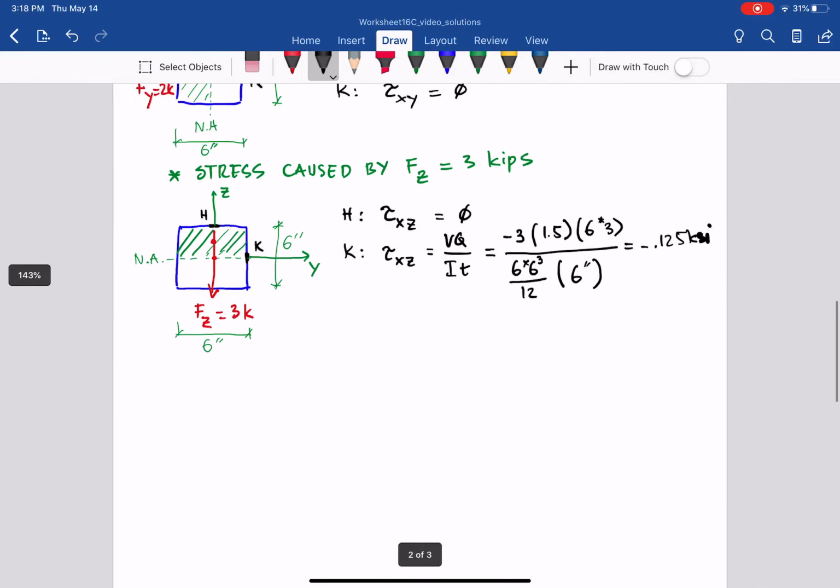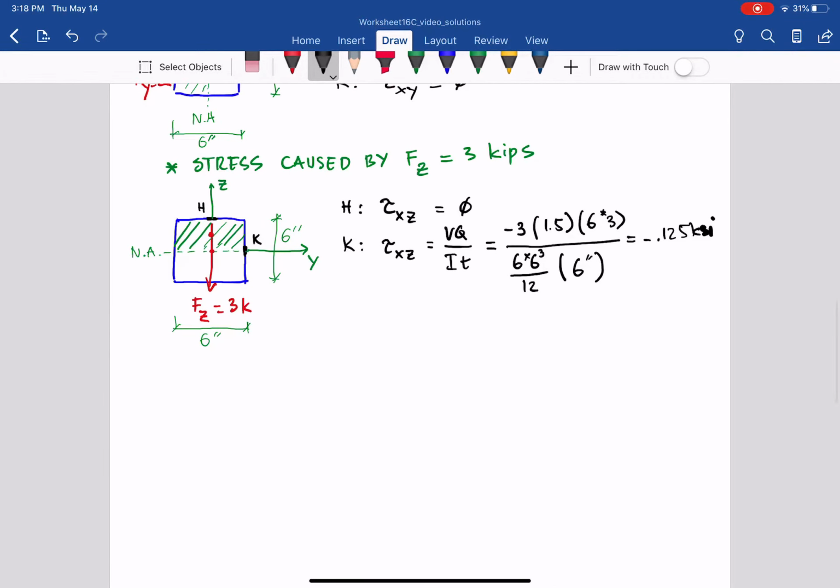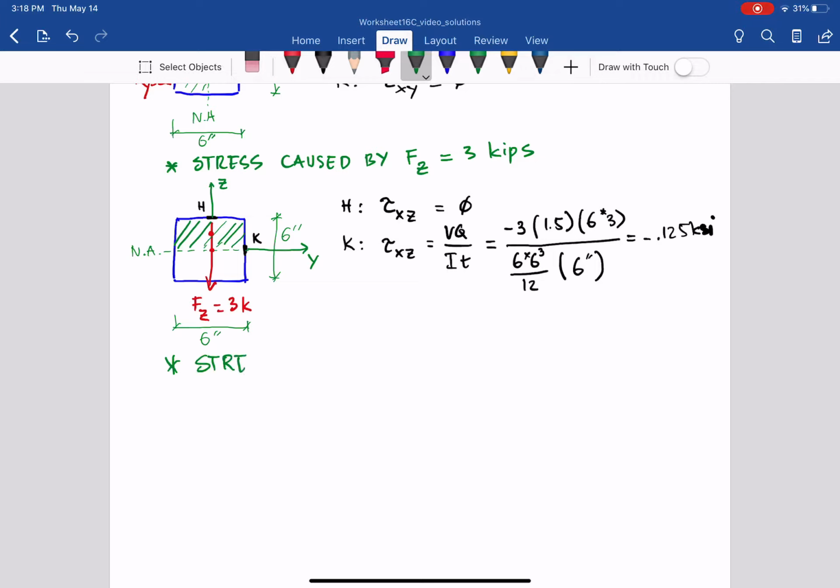Then we continue with the next two, which are the bending moment about the Y axis and about the Z axis. So we have the stress caused by My. We have no Mz.